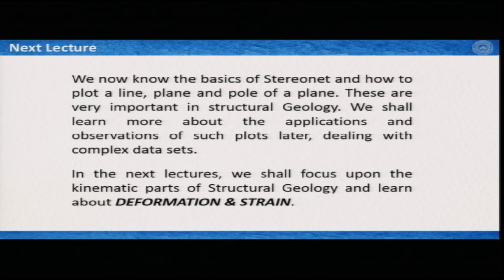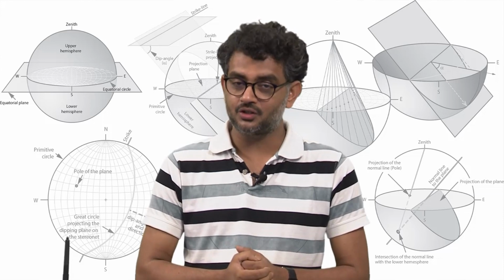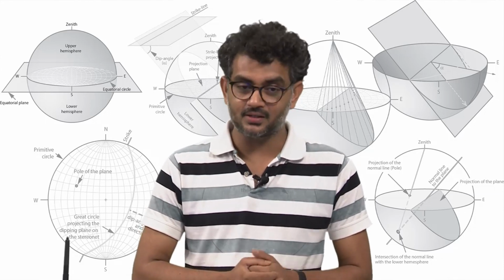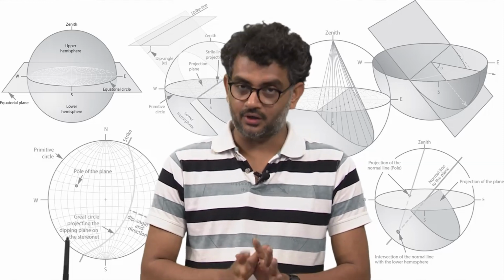These are the very basics, but on the fundamentals of these basics, we structural geologists do very complex analysis and sometimes simple analysis as well. So, we will learn all this analysis in time when we learn about more complex structures, and we will deal with complex data sets, but for the time being we are done with the Stereonet.